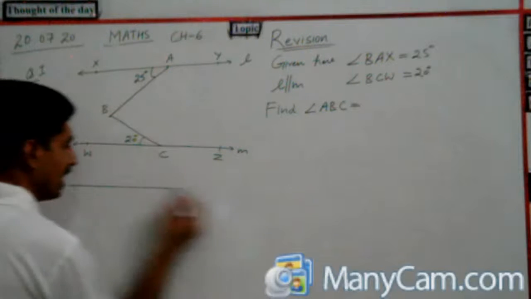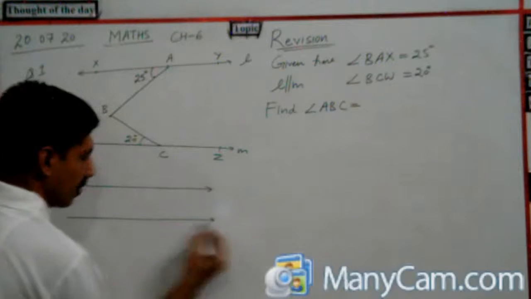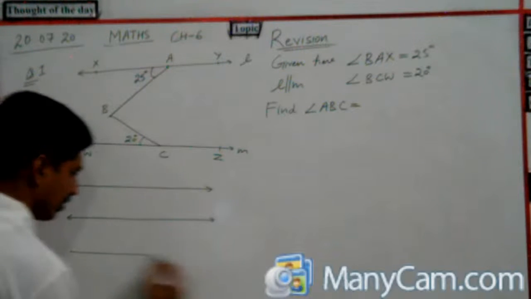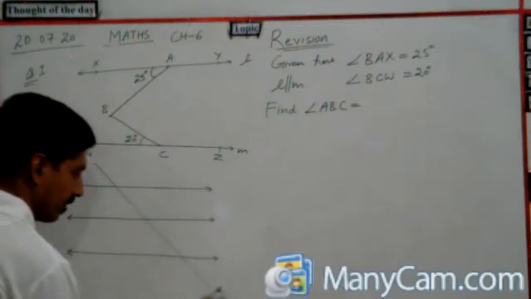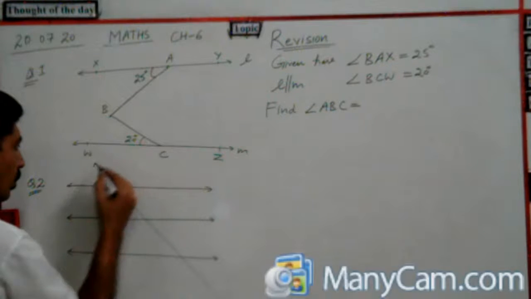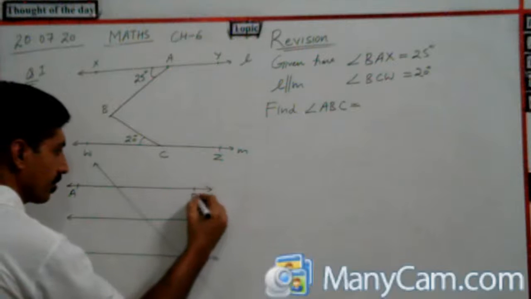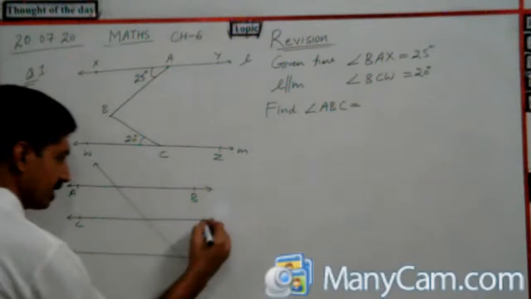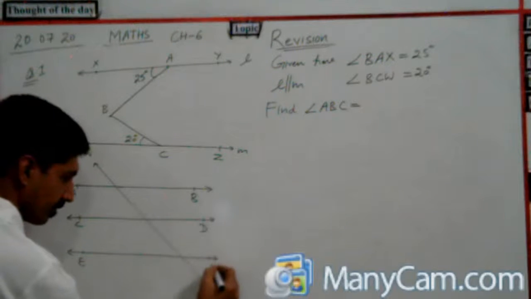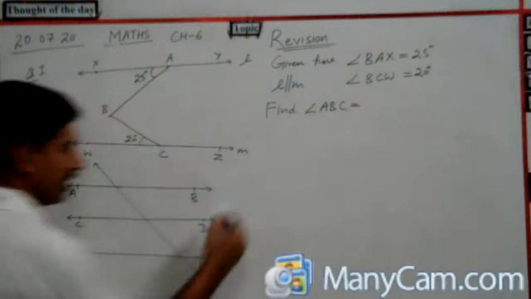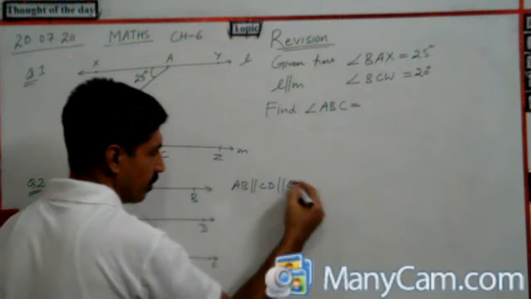We have three lines: AB, CD, and EF, right? Given here that AB is parallel to CD is parallel to EF.